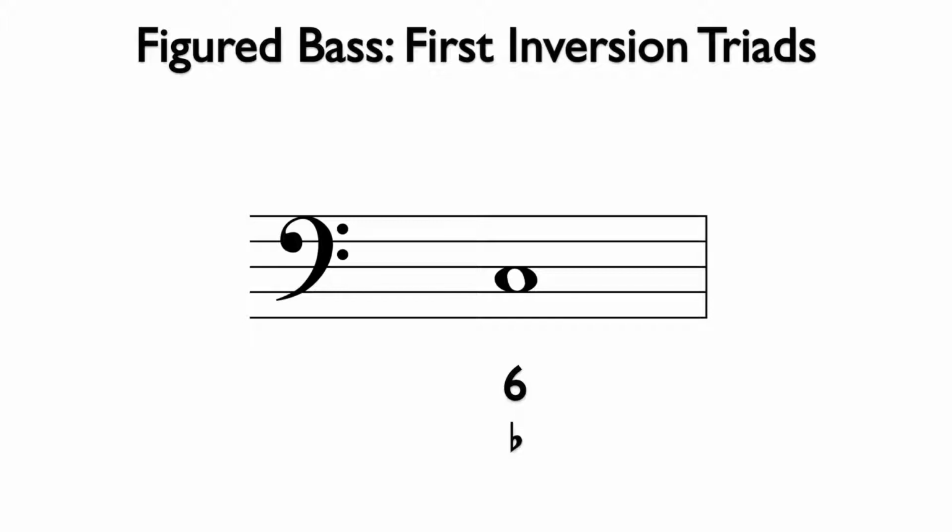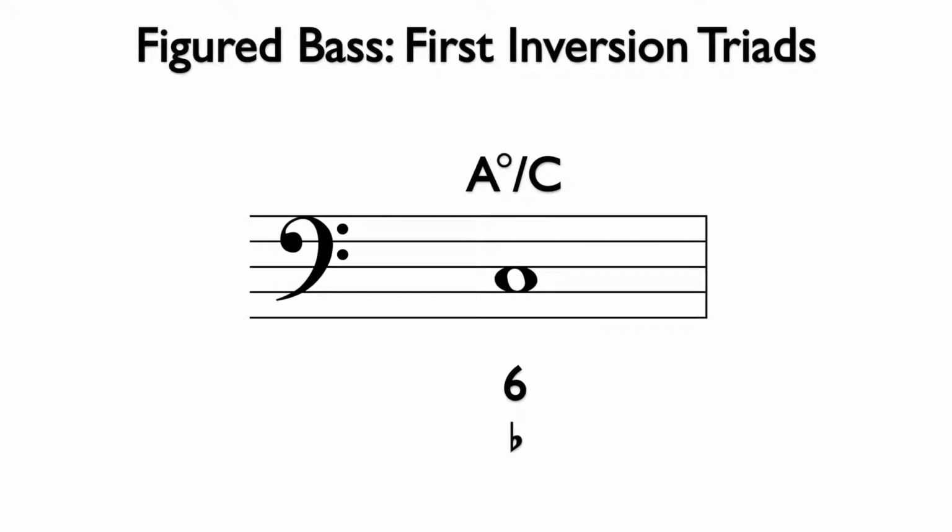A 6 above C in the key signature is A, and a third above C is E, but we need to add a flat to the E. If we take these notes and stack them in thirds, we will see that the notes are A, C, and E flat. This is an A diminished chord in first inversion.